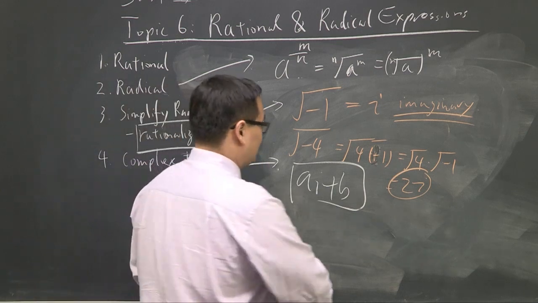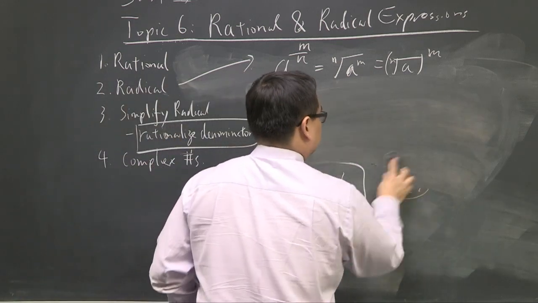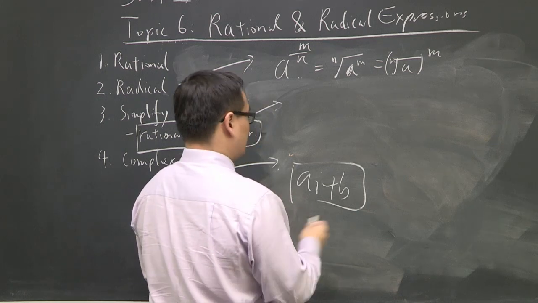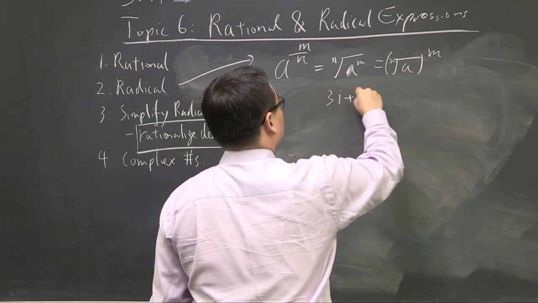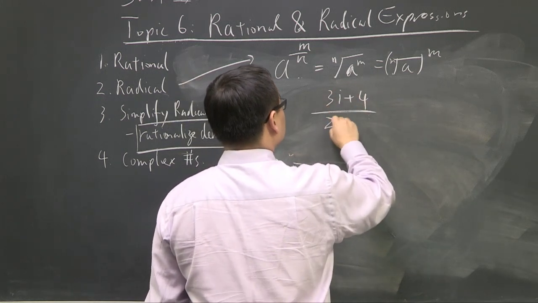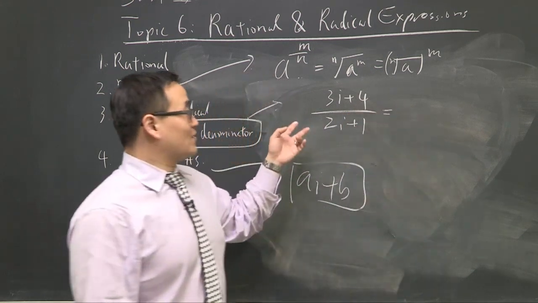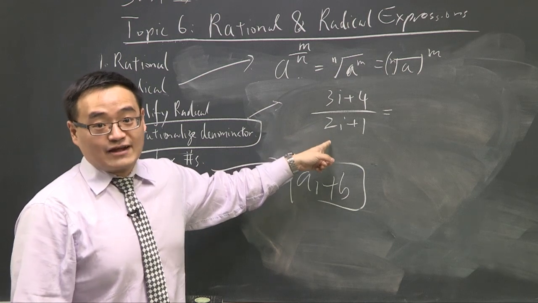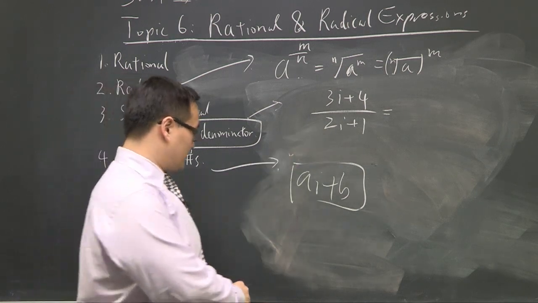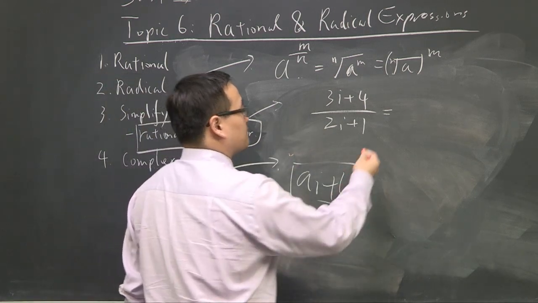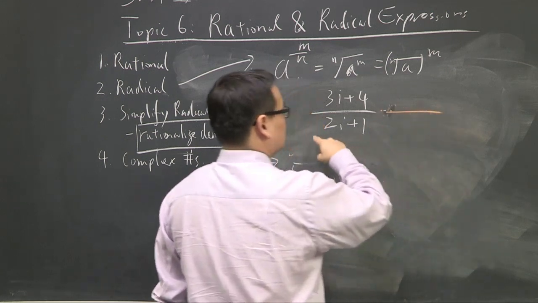Let's take a look at an example. If I have 3i plus 4 divided by 2i plus 1, right? Again, I need to rationalize this because this is technically a radical. I can't have that. So I would do what? I will multiply by its conjugate.